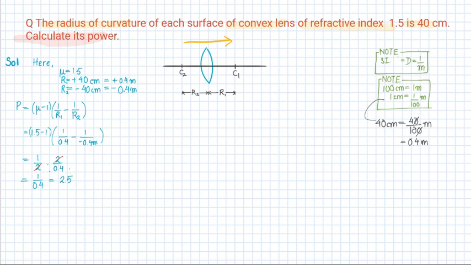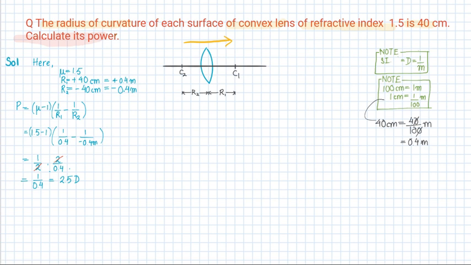And what is the SI unit for power? The SI unit for power is diopter. So the power of the given convex lens is 2.5 diopter. So it's a simple question. You should not have any doubt in this part.